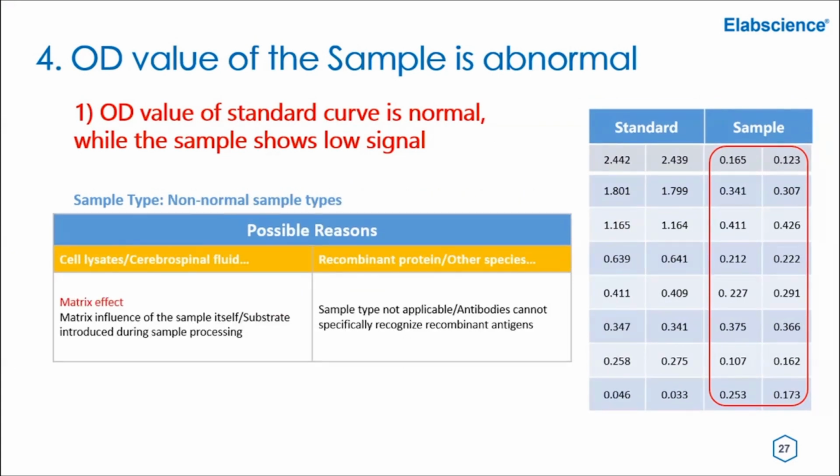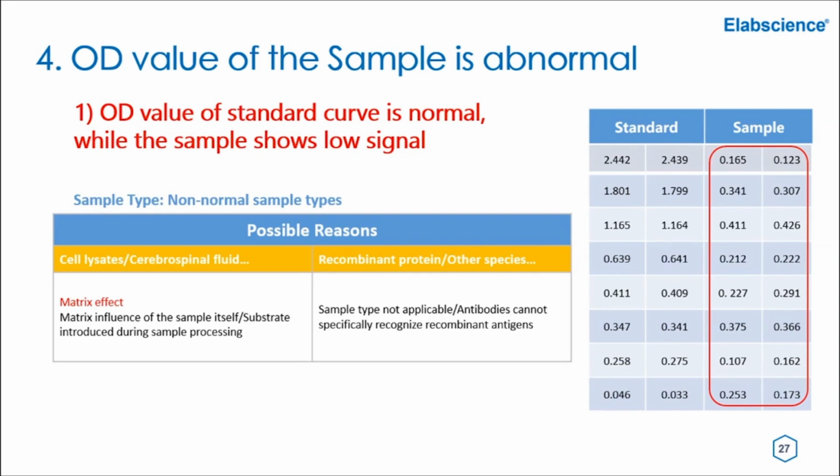And if the sample type is non-normal, there are also two cases. Case 1, for unconventional samples such as cell lysate, cerebrospinal fluid, etc., the detection accuracy may be decreased due to the matrix effect.